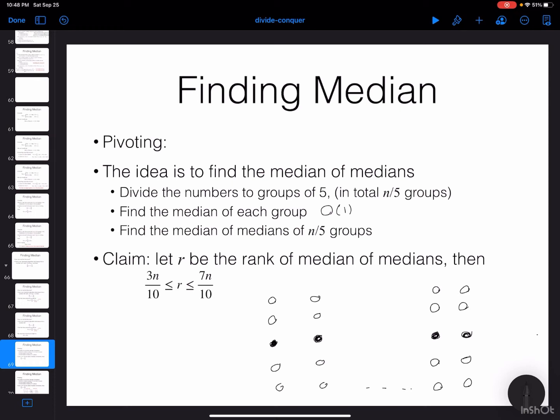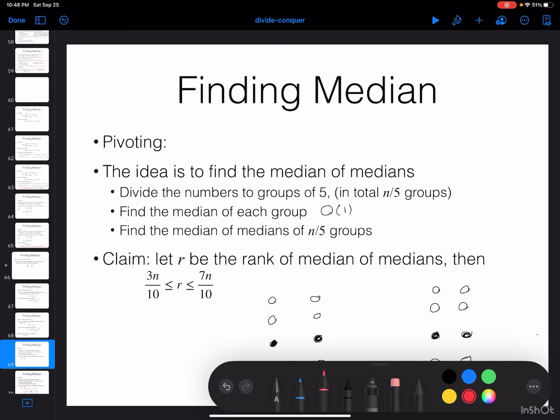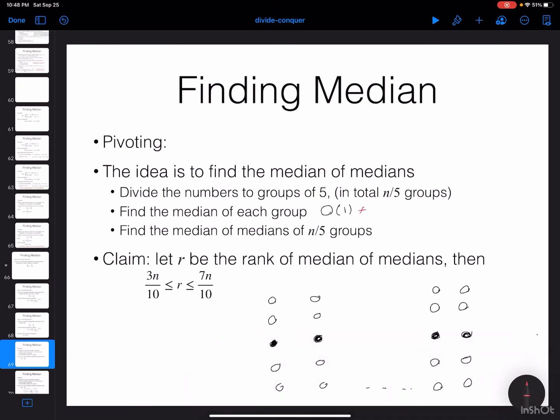But of course, if you have n divided by 5 groups, then in total this is going to cost linear. That grouping part is also going to cost linear, so let's just forget about the time for now.